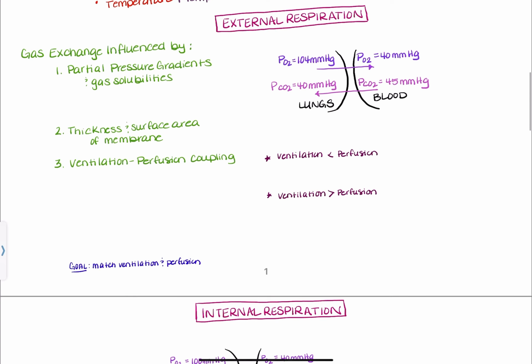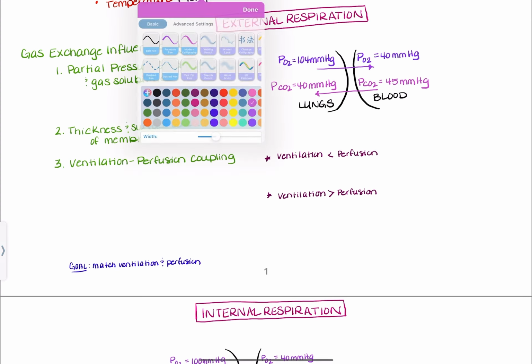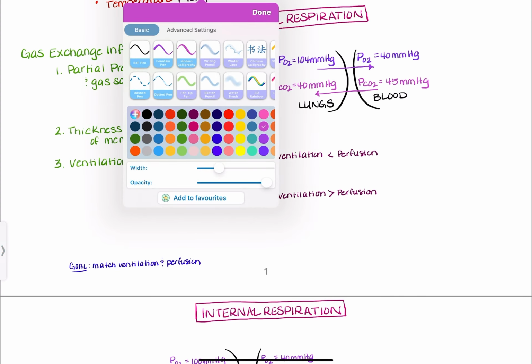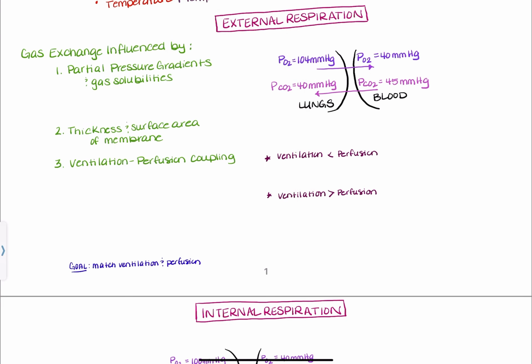The second thing that can influence gas exchange between our blood and our lungs is the thickness and surface area of the membrane. So in order to increase our gas exchange, we would want to have a really thin membrane, the thinner, the quicker, and a membrane with a large surface area.